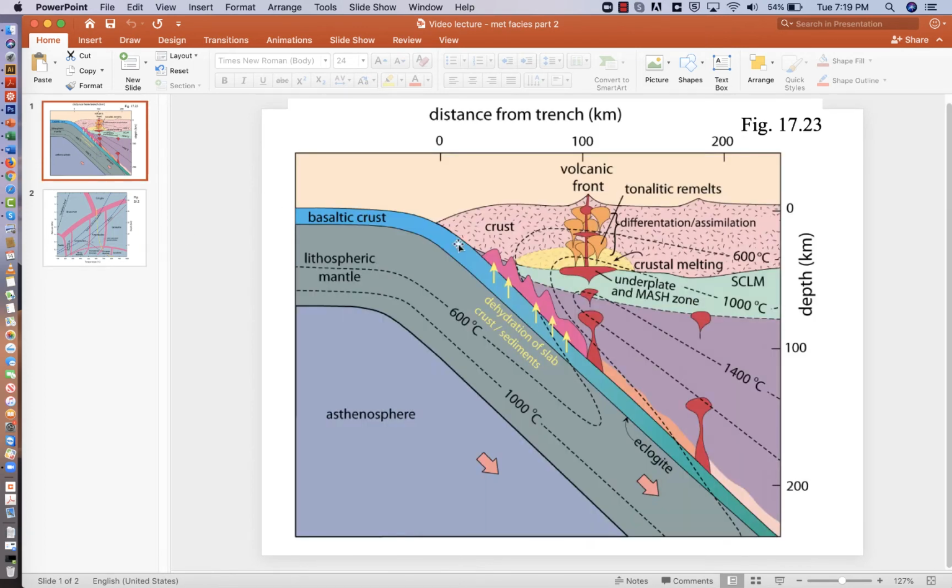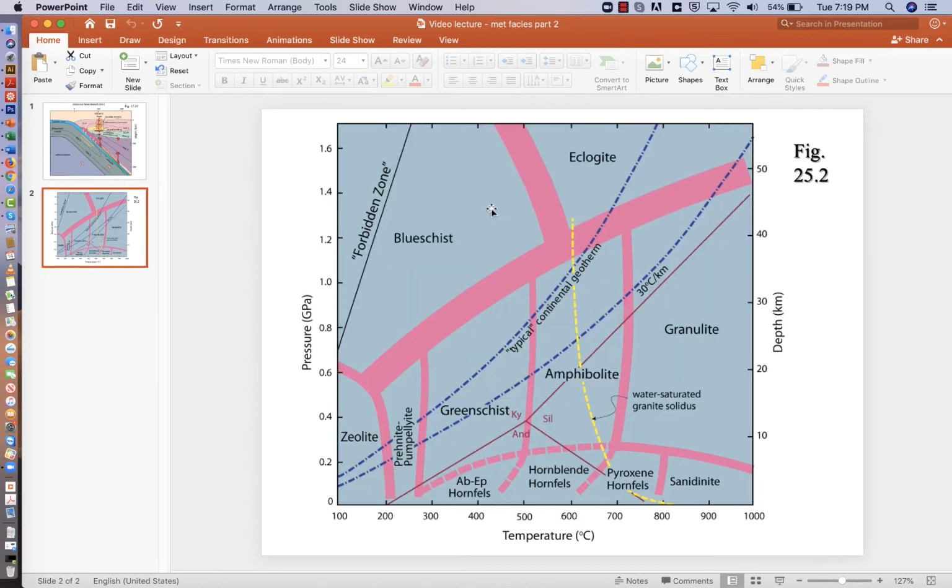That's all going to happen very close to the surface, and the scale that we're looking at here really isn't fine enough for us to see or even have to worry about that stuff. But I would like us to try to find the rest of these. So these 5 facies here, greenschist to granulite, and then eclogite and blueschist.